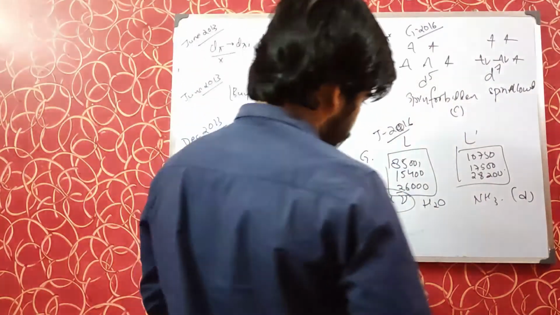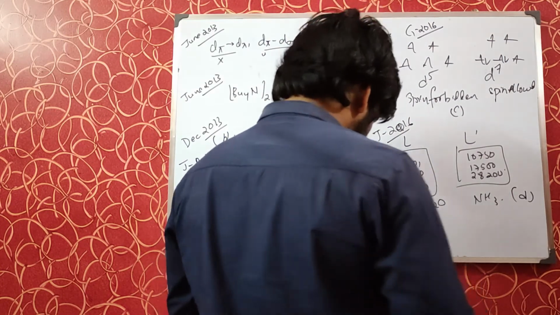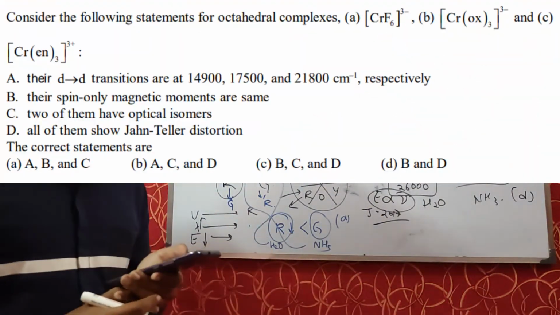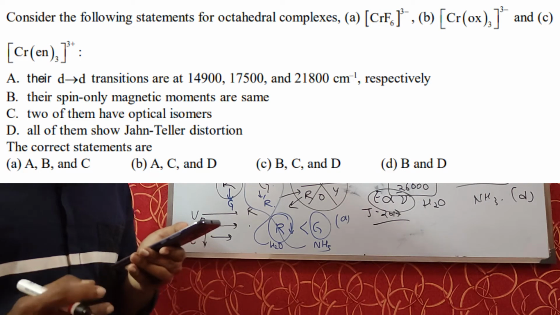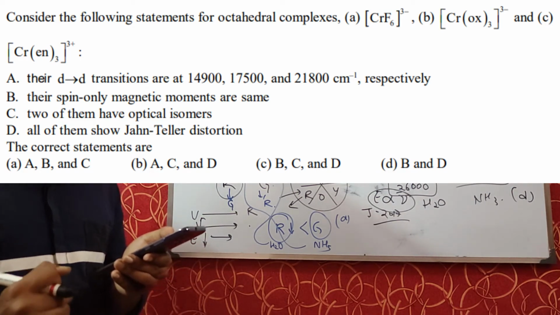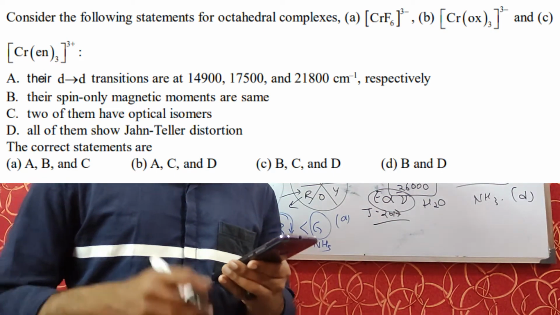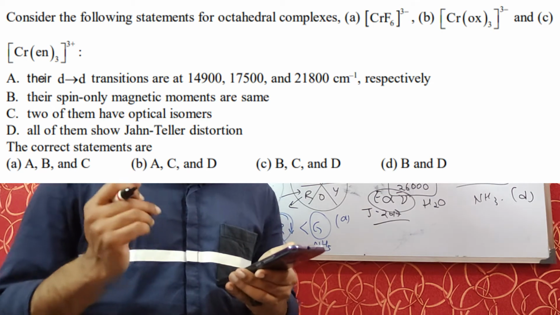Okay, the next question we have is from June 2017. The question says, consider the following statements for octahedral complexes. You have CrF6 3 minus, Cr oxalate 3 minus, and the third is Cr ethylenediamine 3 plus. Their d-d transitions are given in this form.